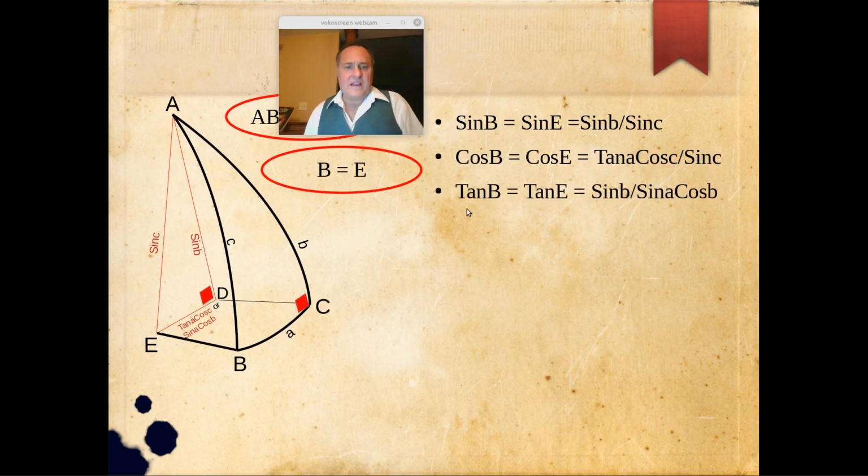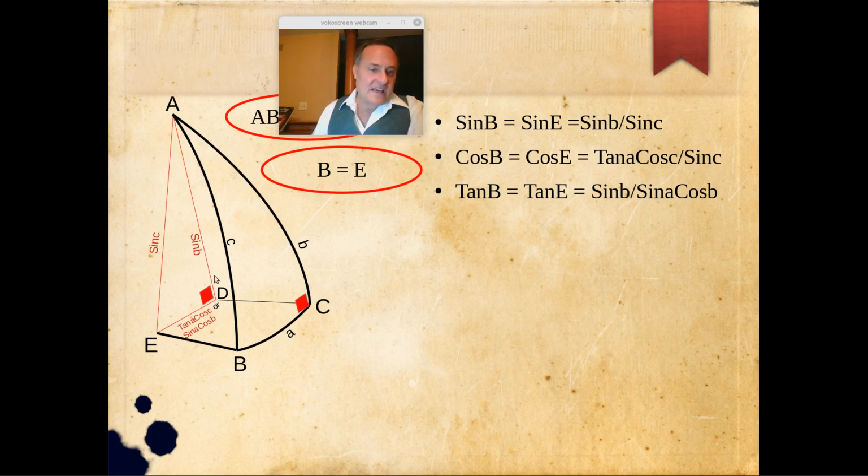And we can find the tangent of B. This is B. If it has a tangent, then it must be the same tangent as E, because angle B and E are exactly the same. They are the self-same value. So if I can find a tangent of E, then I have discovered a tangent for B as well. And so the tangent of E is the sine over the cosine, but it's also the upright or opposite side here divided by the base.